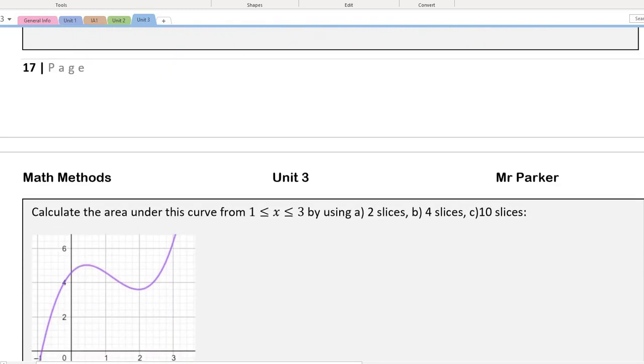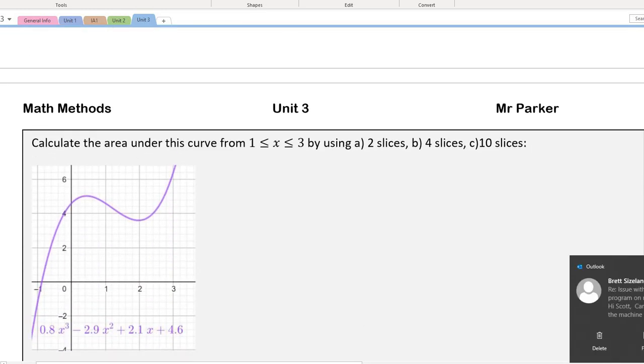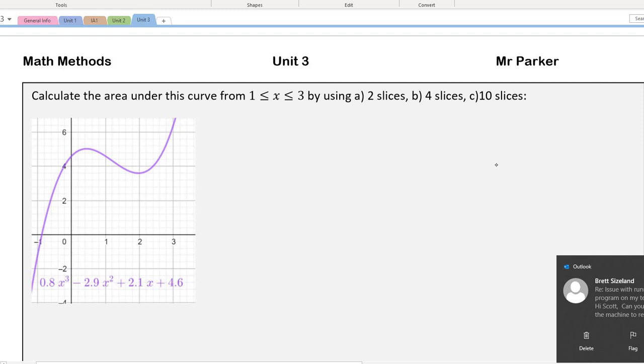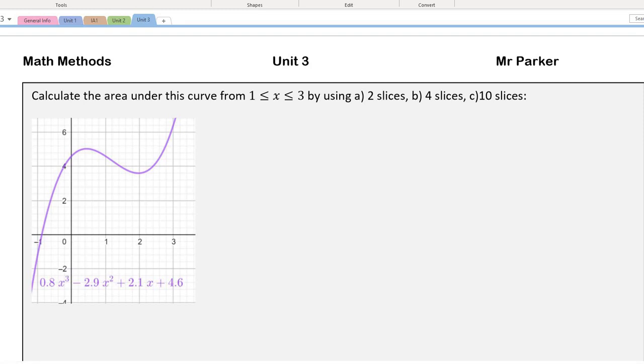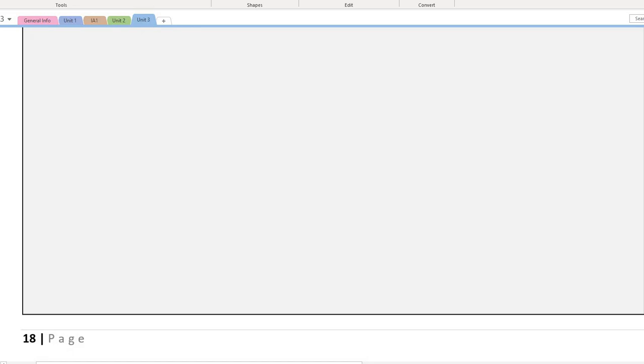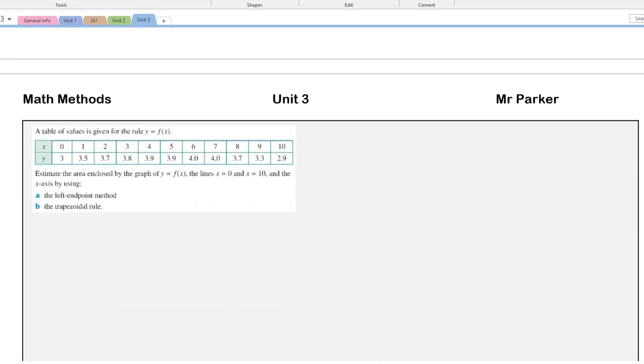So on the next pages, I have a couple of ones. I want you to solve this problem by using 2, 4, and 10 slices. And then I think there's another one. Yep. This one actually gives you x and f of x.